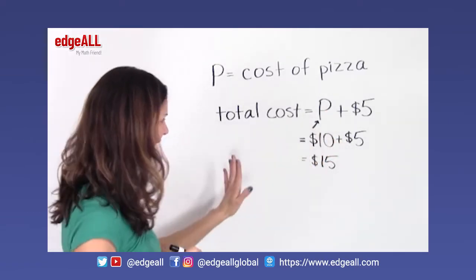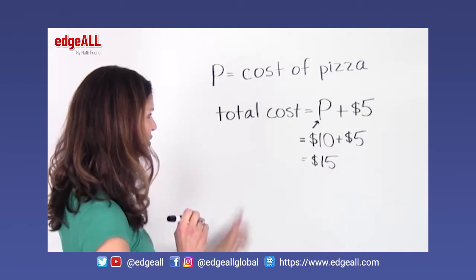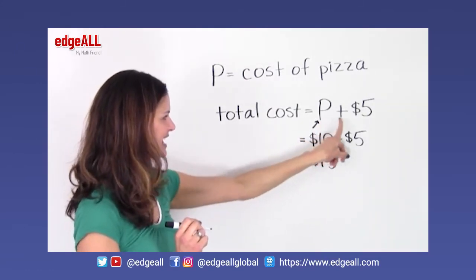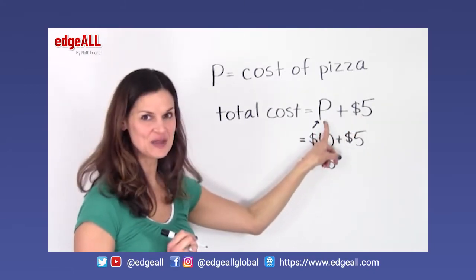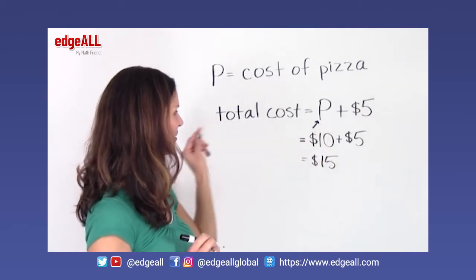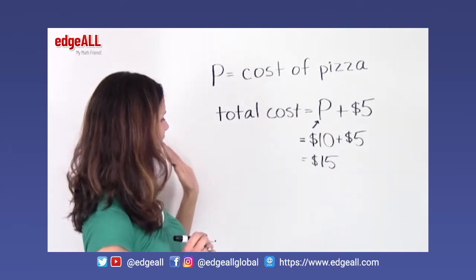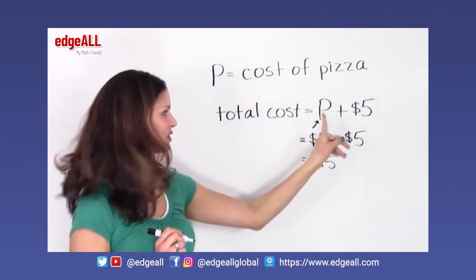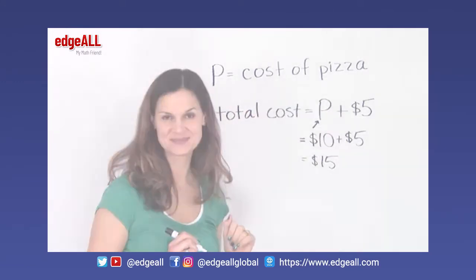But we can keep our total cost equation at P plus $5. No matter what the cost of the pizza is, it would go here in P. And so now you can see in this example how variables can be used to represent unknown numbers.